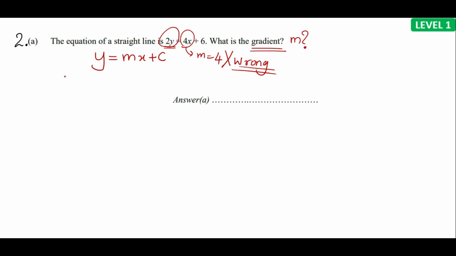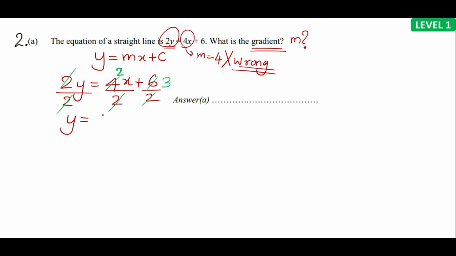So how can I change this equation to y equals mx plus c? I will be dividing this equation by 2 on both sides. So my equation will look like y equals, the 2 and 2 cancel. Here I'll have a 2 because 4 divided by 2 is 2. Here 6 divided by 2 will give me 3.